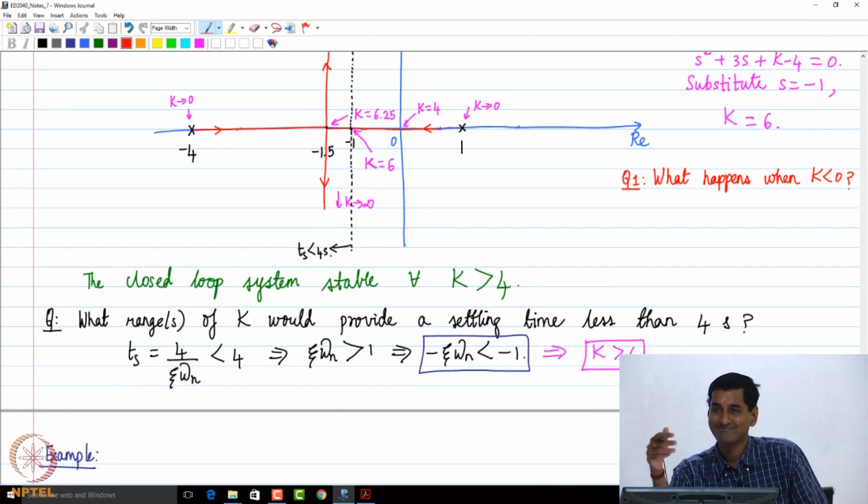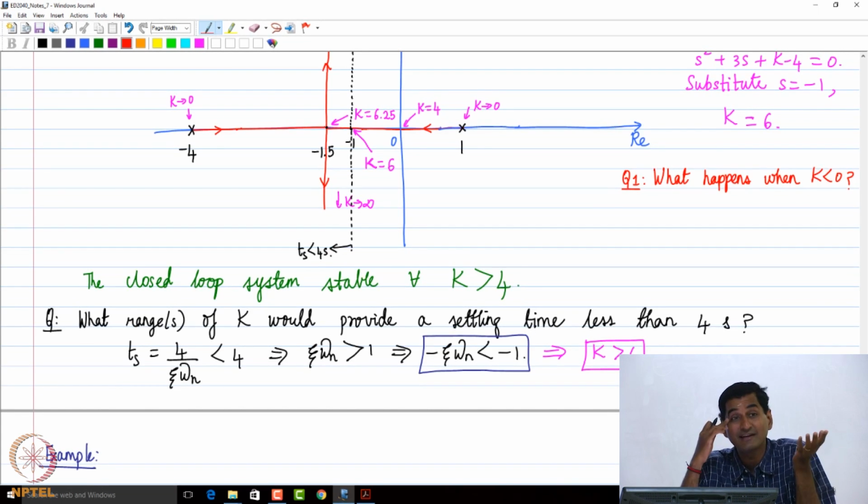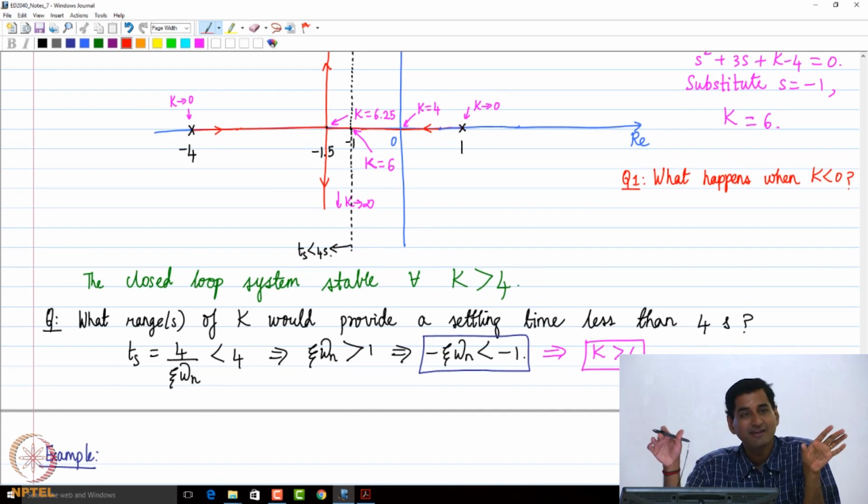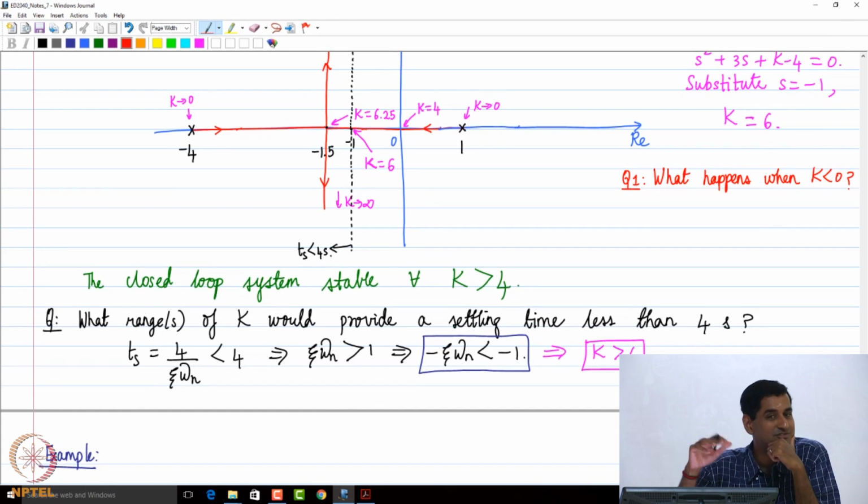K is a design parameter, a real number; think of it as a proportional gain. We did only the part going from 0 to infinity. What about minus infinity to 0? How do you construct the root locus for that? What steps will change? I have given those changes in the document. Please read through them, think, and come back to the next class. We will discuss them once again.